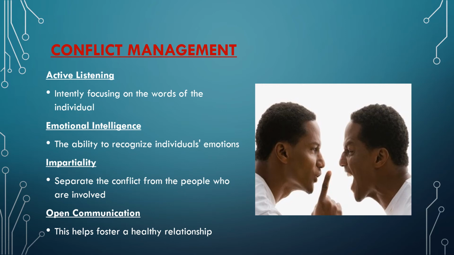An additional conflict management is emotional intelligence, which is the ability to recognize individuals' emotions. Another conflict management is impartiality, which is to separate the conflict from the people who are involved.